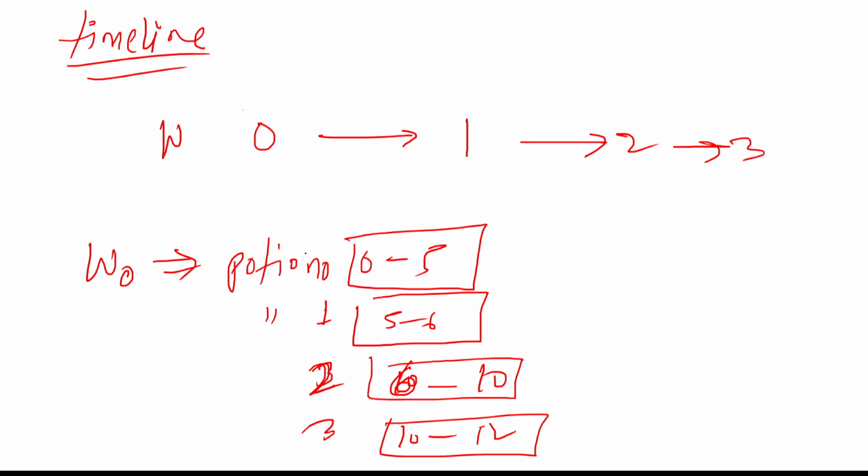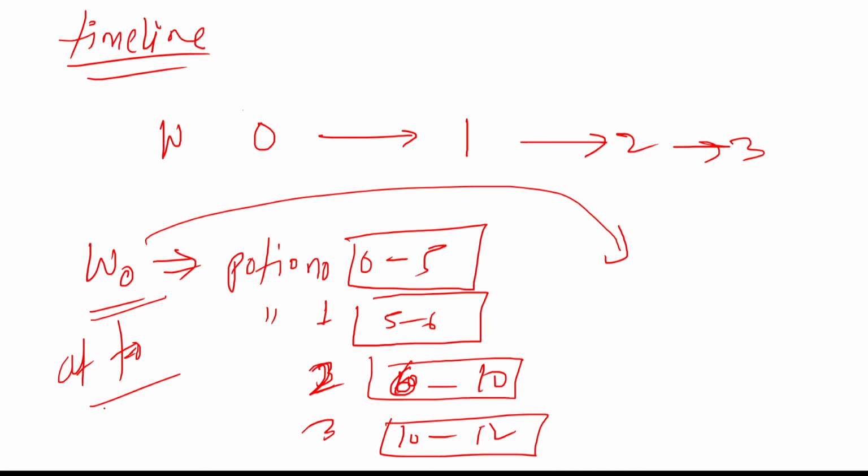Okay, so for wizard 0, the portion 0 we have is 0 to 5, because wizard 0 starts immediately at t equal to 0. So wizard 0 starts immediately at t equal to 0, right?